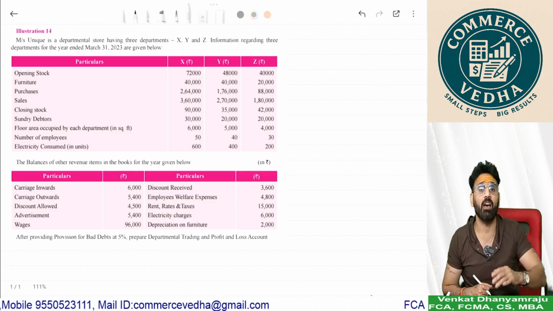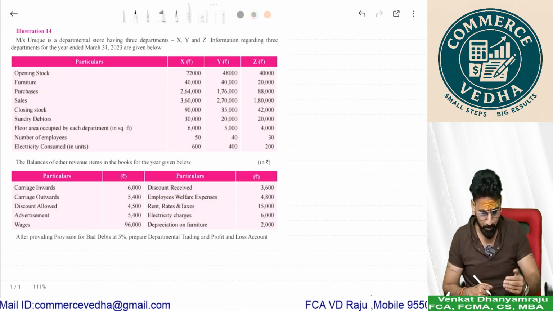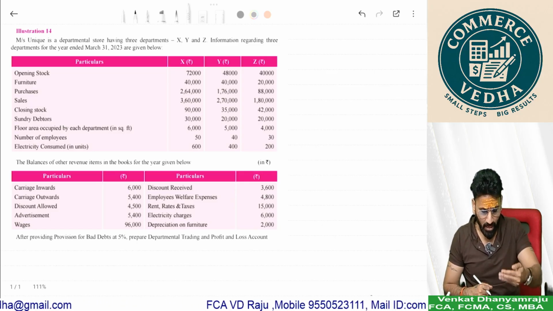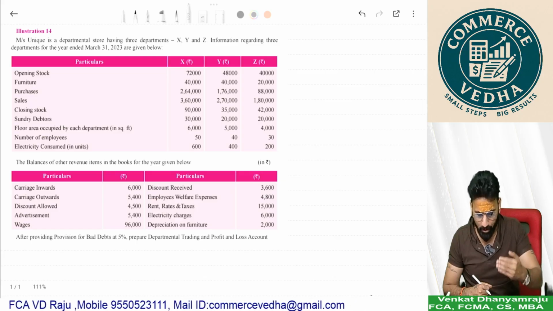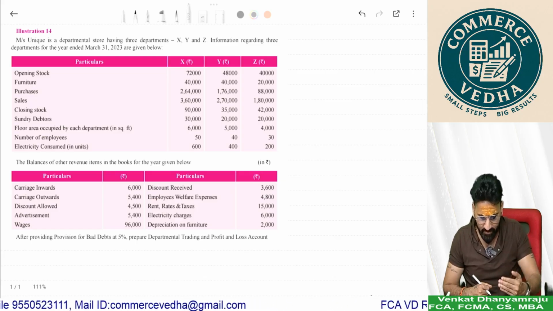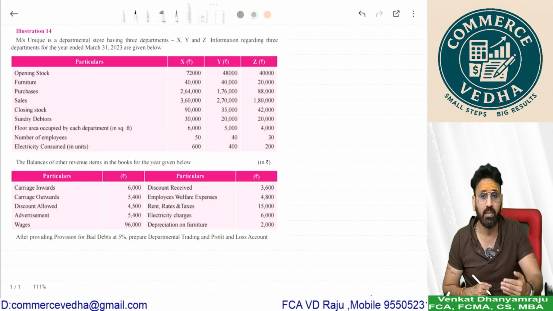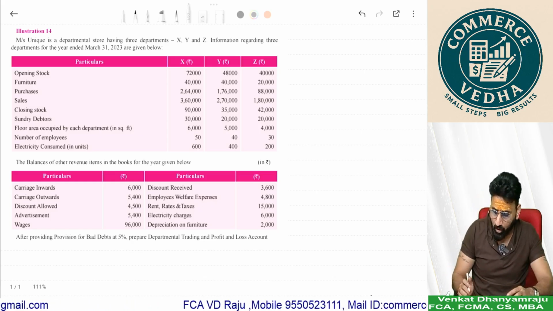On what basis should I allocate? Carriage outwards, discount allowed, advertisement, wages, discount received, employee welfare, rent, rates and taxes, electricity charges and depreciation. There are so many common expenditures.